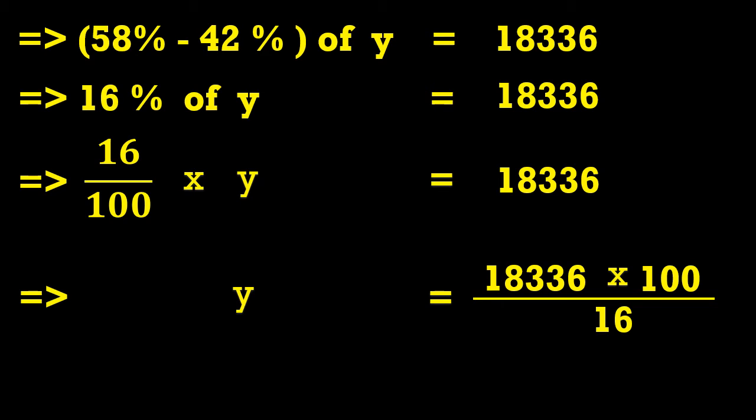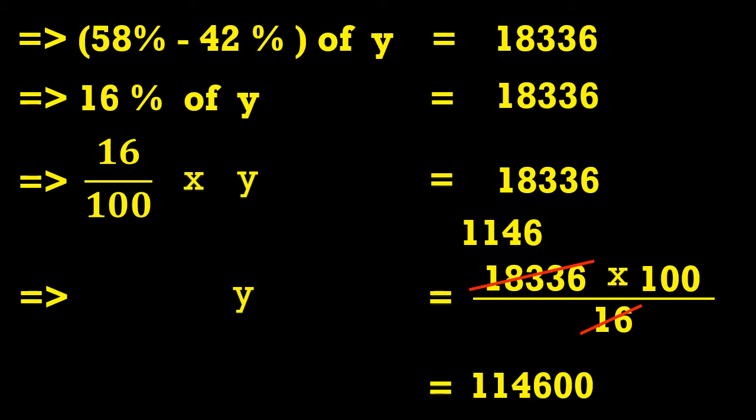Denominator 16, numerator 18,336. We can cancel both with the help of 16. So 16 by 16 is 1, and if we cancel this, we'll get 1146 after cancellation. So the value will be 114600. So we found the total number of votes polled is 114600.